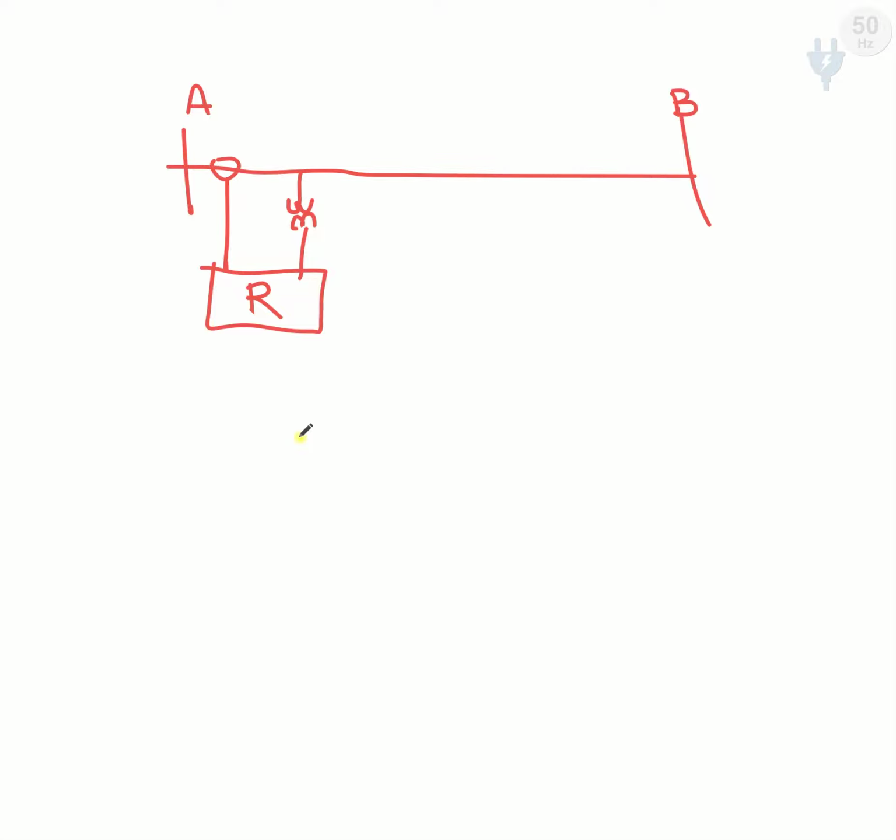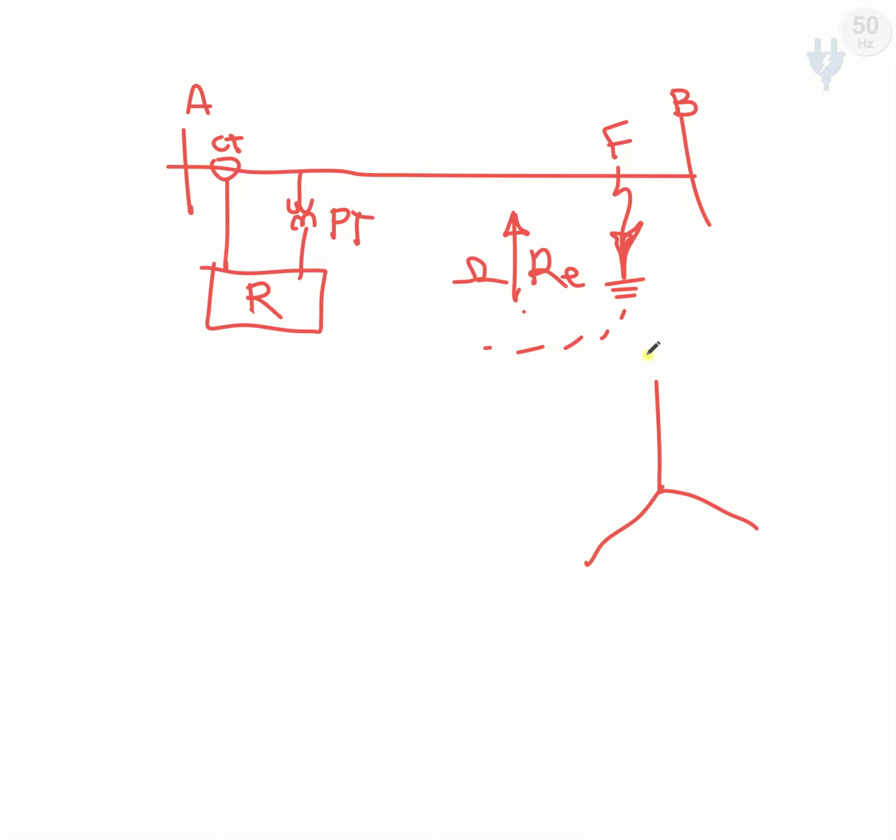If there is a fault in the system, and the path of this fault is very high in resistance, meaning a very high resistive fault, then in our voltage phasor, suppose this is VA, VB and VC.